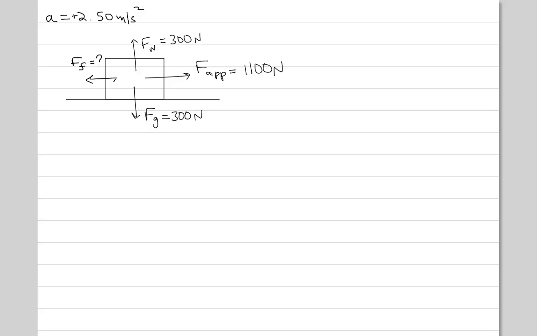In this case, just for clarification, because I'm not the best artist, that applied force arrow is longer than this force due to friction. Okay? So the forces horizontally are unbalanced.